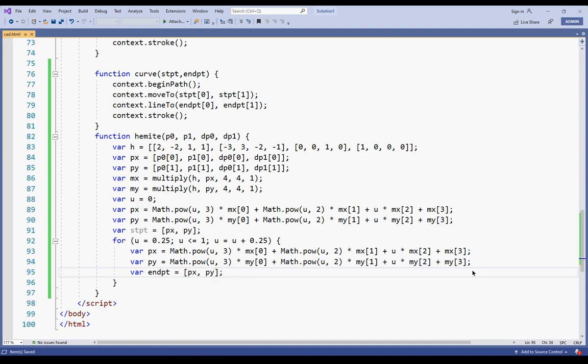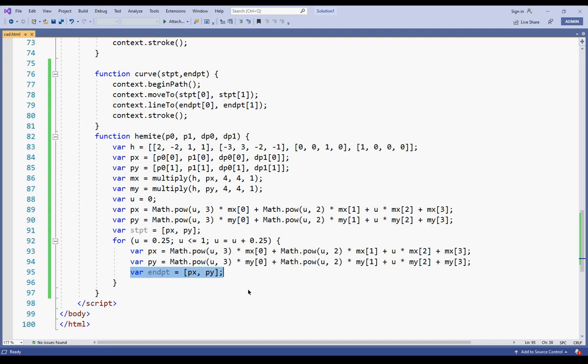So just let me know whether you understood the concept of endpoint, because here in this case initially u will be 0.25. So this gives me px py again, which represents the endpoint. Same I am calculating, but the only thing is u has changed to 0.5.